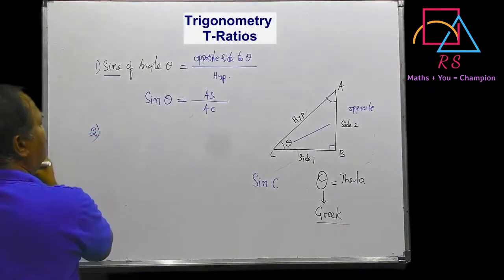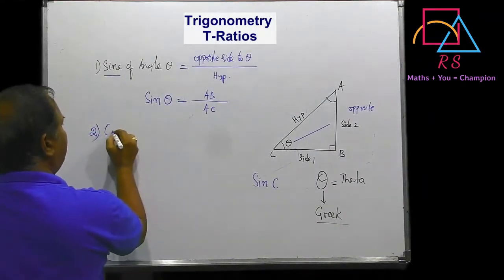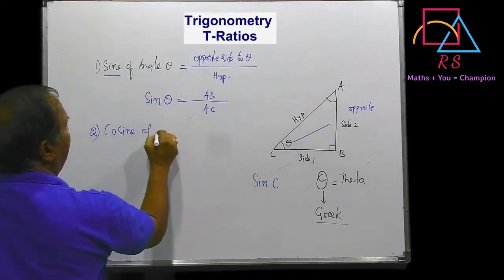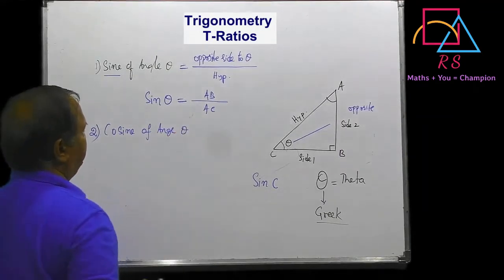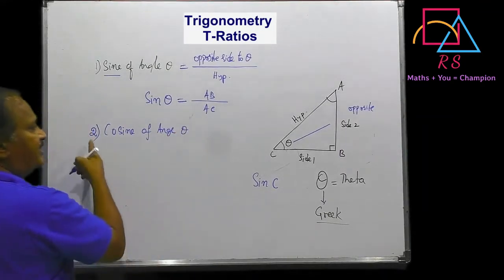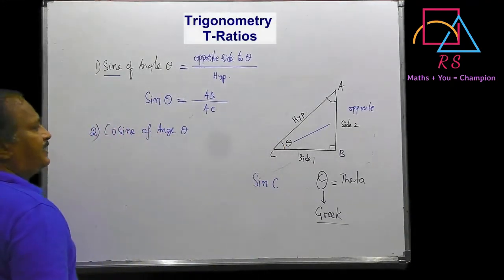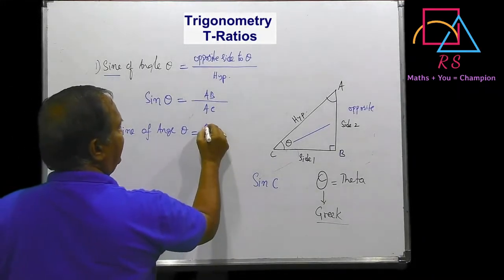Let us go to the second trigonometric ratio. So cosine of angle theta. All the definitions are with respect to this angle only, right? So what will be the definition here?